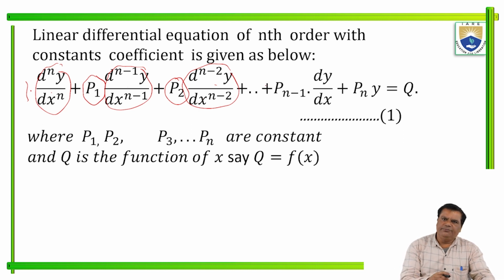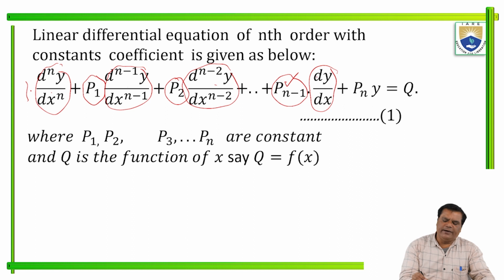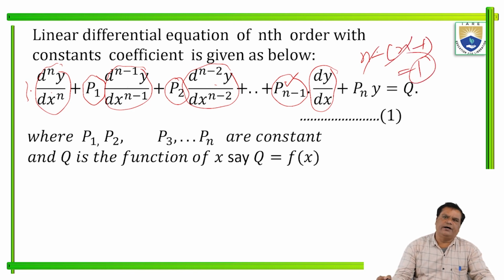At last, we write the order of the dependent variable with respect to the independent variable decreasing 1 by 1. The second last term has the coefficient p(n-1) and is the first differential coefficient, dy over dx.